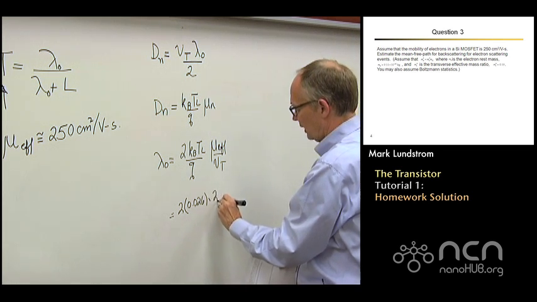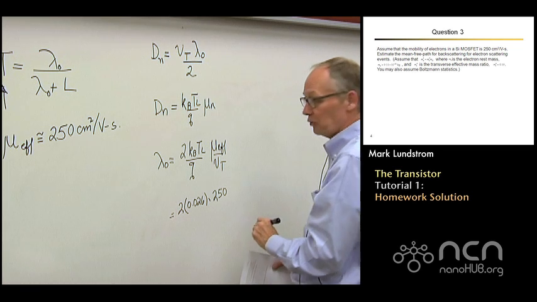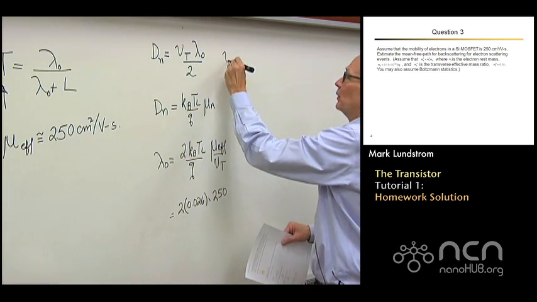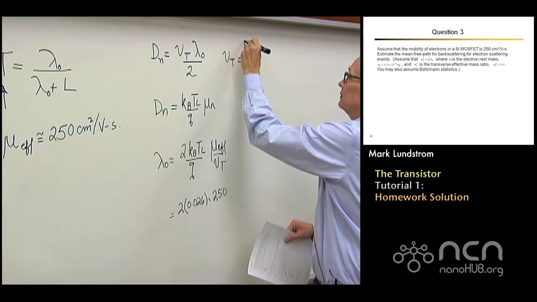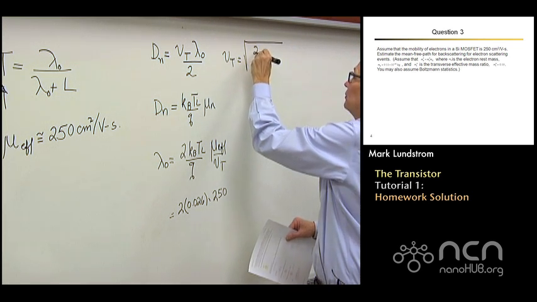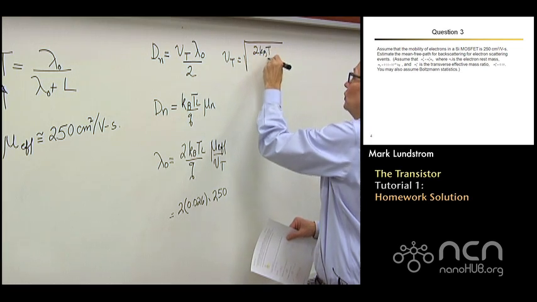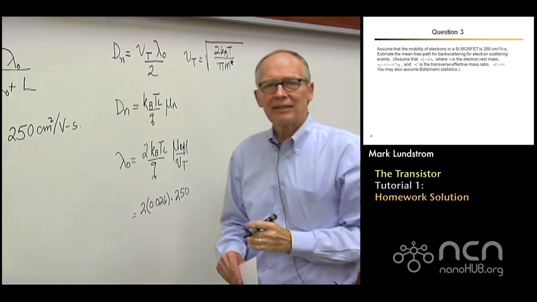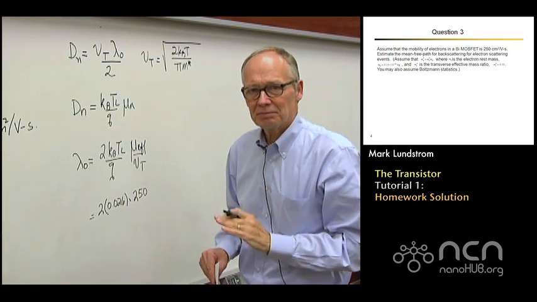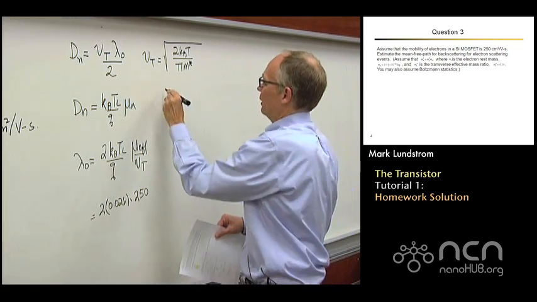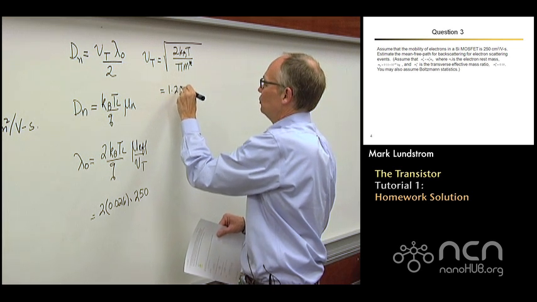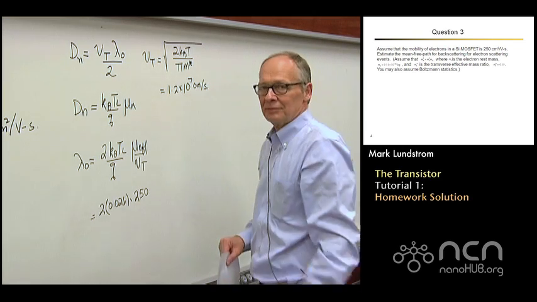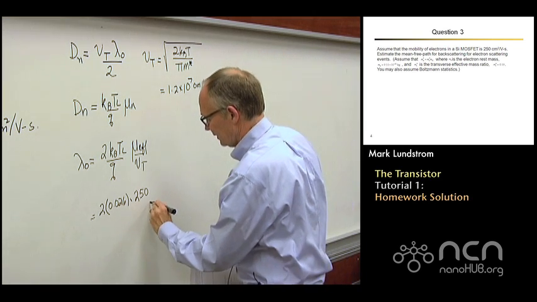The mobility we were given was 250 centimeters squared per volt second. The unidirectional thermal velocity is something that we have to compute, and that is the square root of 2kT over pi times the effective mass. We were given the effective mass, which is a typical value for a silicon conduction band. Plug in numbers, we get 1.2 times 10 to the 7th centimeters per second for the unidirectional thermal velocity.